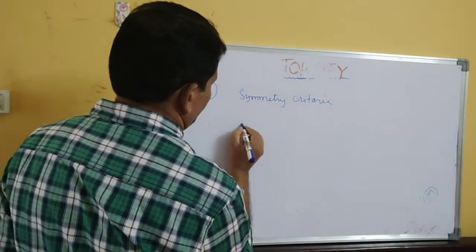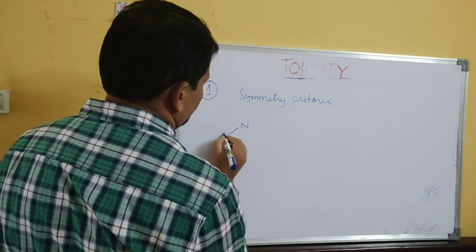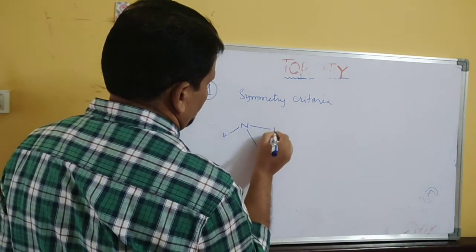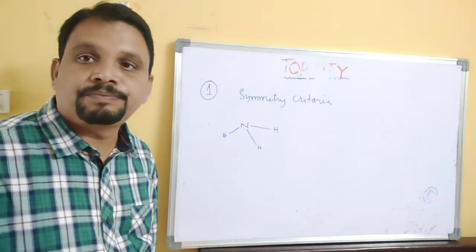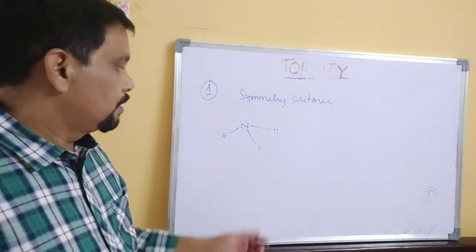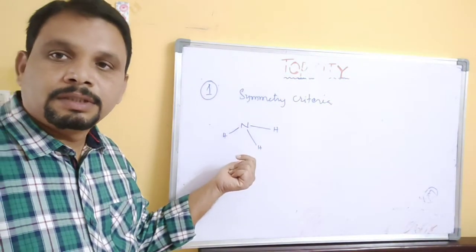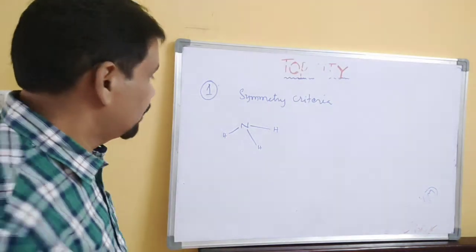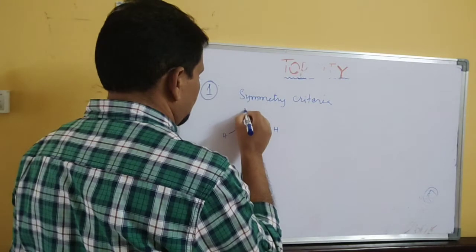Suppose you take an ammonia molecule. It's a pyramidal shape. Is there any symmetry element in this? A rotational axis is there, C3.